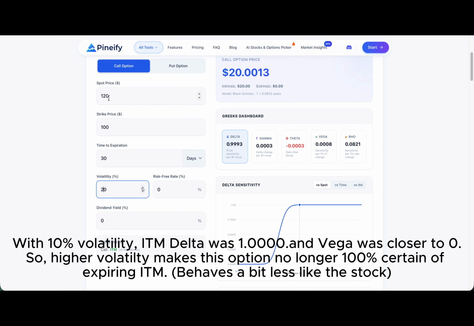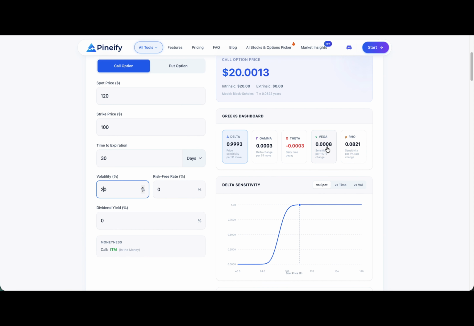All right, and why is that? Because with the increased volatility, there's an increased chance that the price will reverse, and the option may end up out of the money. All right, and so you see that the Vega here still matters more than when it was 10%.